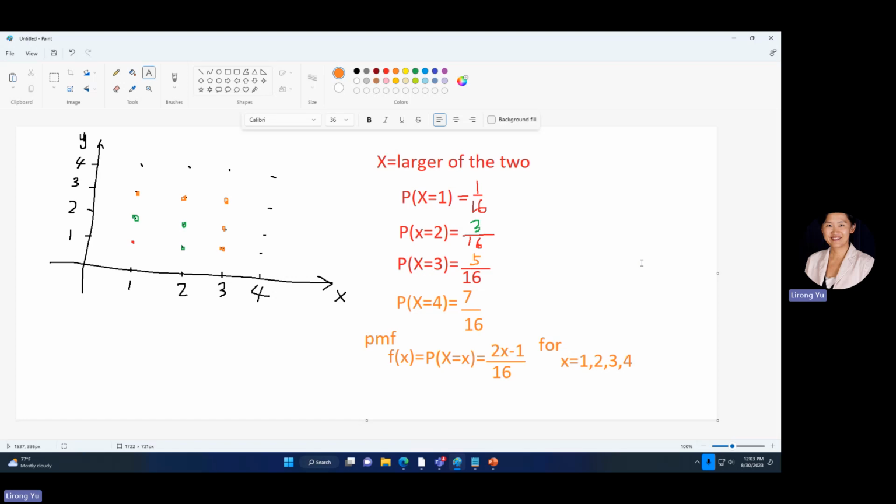Okay, so this is giving a formula, or this is giving a list. It was a list. You can actually make a table if you wish. And you can also draw the graph. The graph can be drawn with a vertical bar representing the probability, or you can use a point graph, like 1 over 16. So x and y: 2, 3 over 16; 3, 5 over 16.